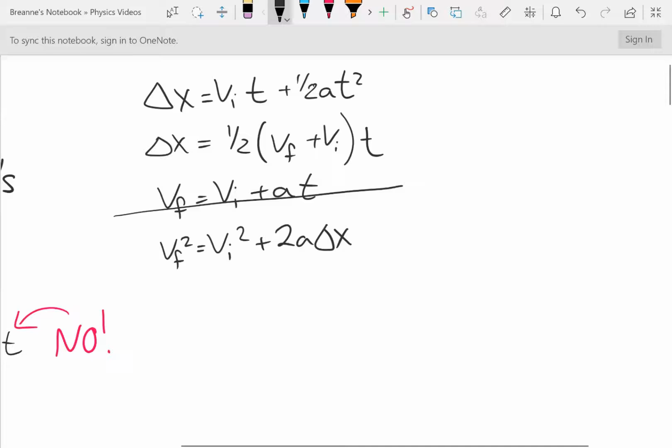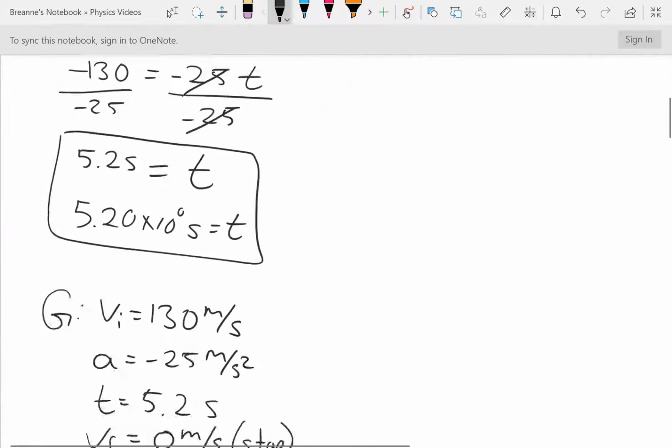But we do not have final velocity. We have our initial velocity, and we have time and acceleration, but we do not have final velocity. So the equations that have final velocity, we have to x out. So the only one that we're left with is the first one.